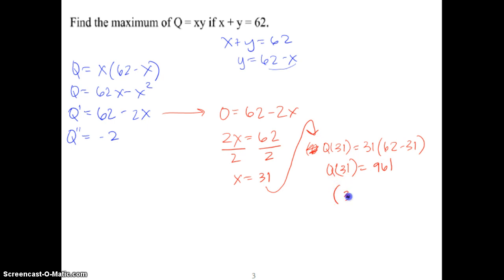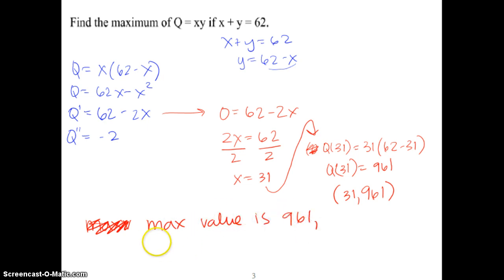So our point is going to be 31, 961. So the max value is 961, located at x equals 31.